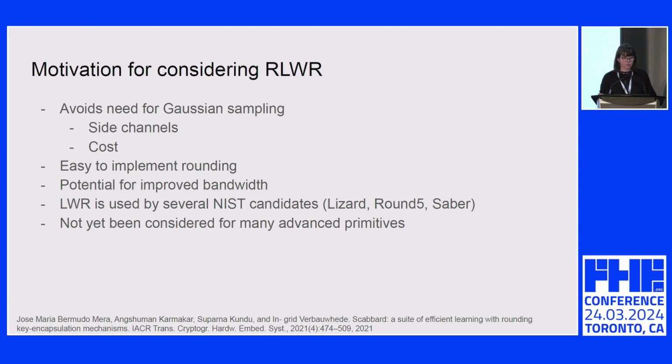There's also potential for improved bandwidth with smaller ciphertexts, even without all of the improvements that lots of libraries have applied. Several candidates in NIST have used learning with rounding, for example, Lizard, Round5, and Saber. And it's not yet being considered for many advanced primitives, so this is quite an interesting space to think about.